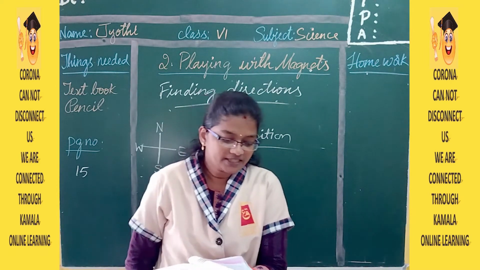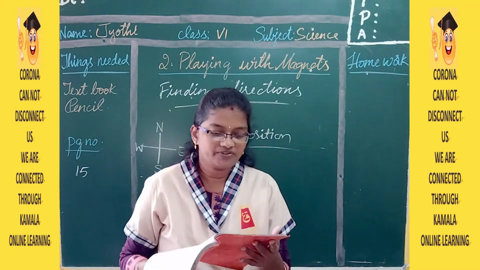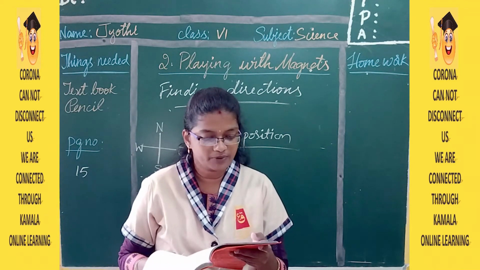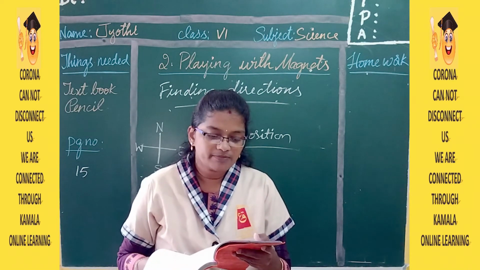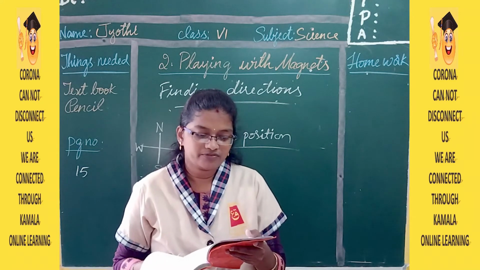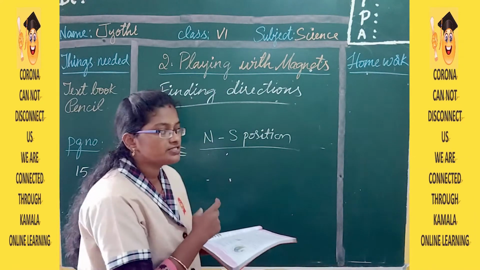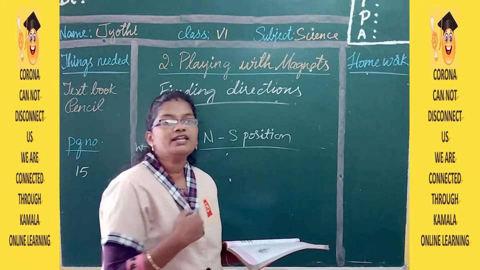Mark the end that points towards the north with some color. You can take red, which is very bright. Now disturb the magnet and again wait for some time. After some time it stops in the north-south position.